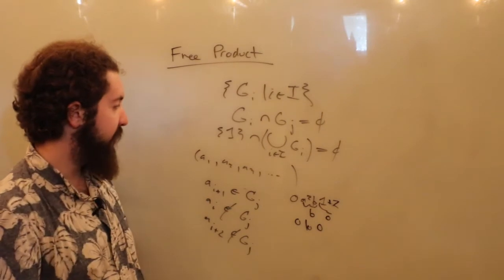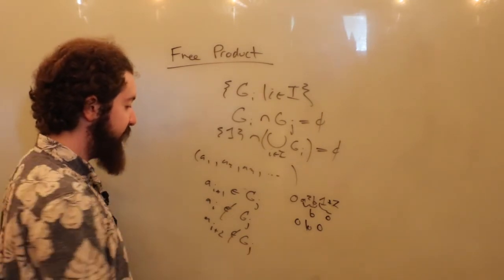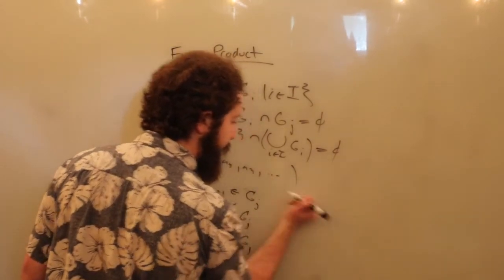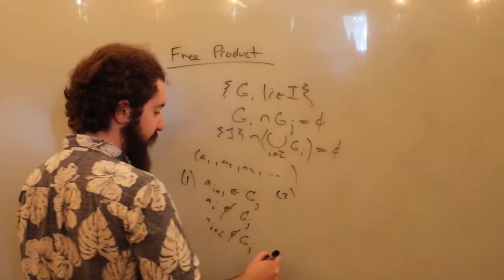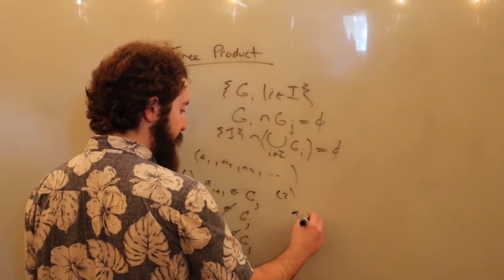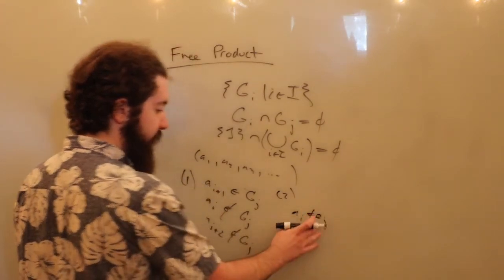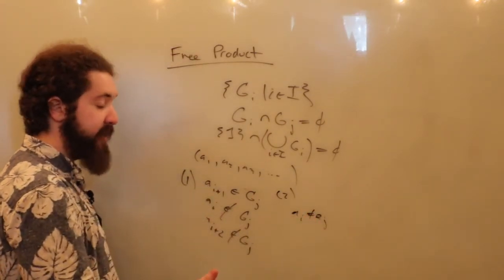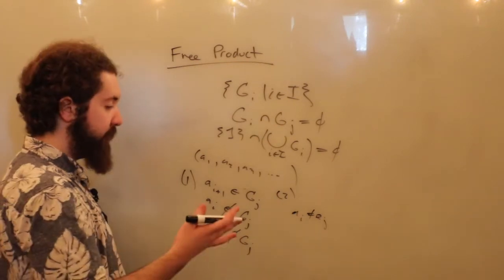And then of course we would take out the identity, so that's the next step. The second requirement is that we don't have any identity elements in there. So A sub I is not equal to E sub J, where E sub J is the identity element of the jth group.